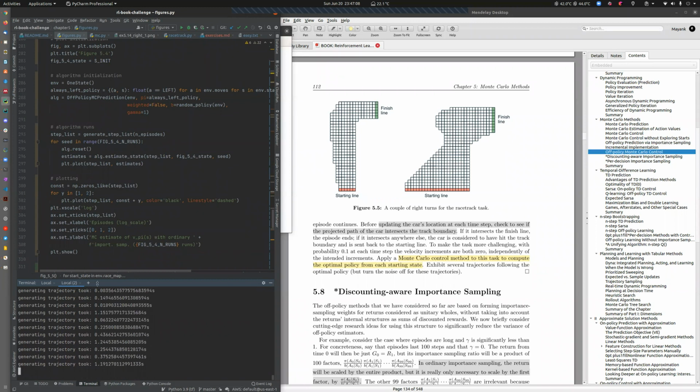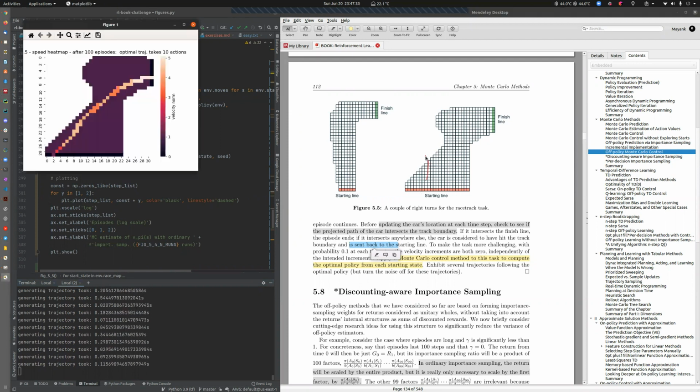When our agent, let me try to draw it, it will be the best presentation. When our agent tries to reach here, it will be sent back here.